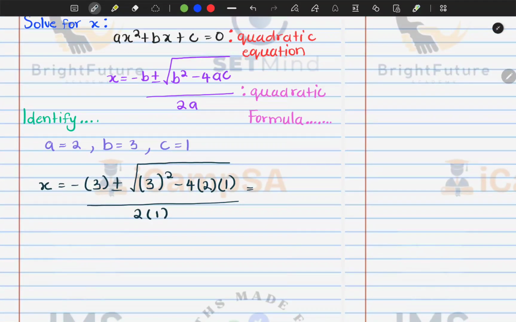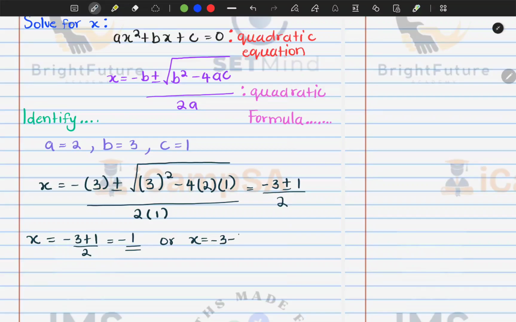So if you attempt to simplify this, you'll have negative 3 plus or minus. Inside here, you are going to get 9 minus 8, which is going to end up giving us 1. And then this will be divided by 2. So one of the x's will be, when we have a plus in between, negative 3 plus 1 divided by 2, which will be minus 1, or the other x will be when we have a minus in between.